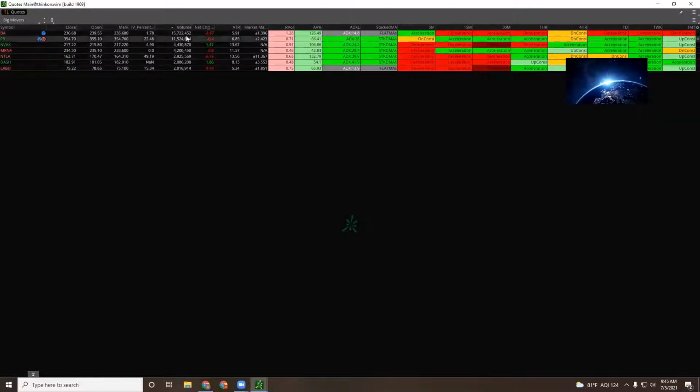The next column is the volume, of course, being traded for the equity. Then the next column is the net change from open, not the normal net change that you see in Thinkorswim. We had to write this to show net change currently from open.